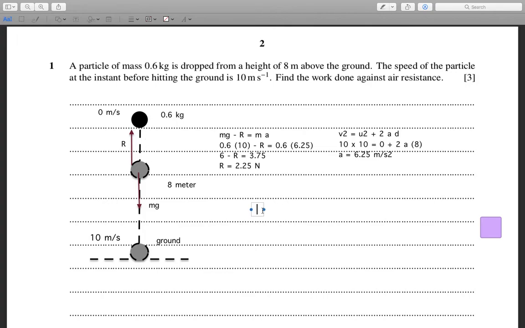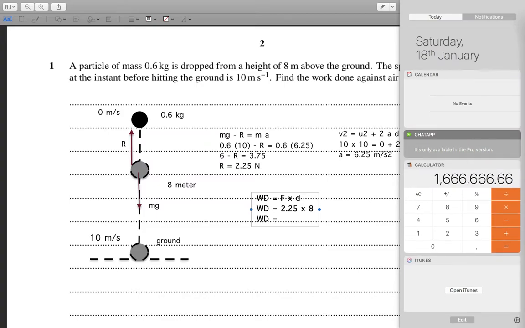So work done is force times distance. Work done equals 2.25 times 8, and with the calculator, 2.25 times 8 equals 18.